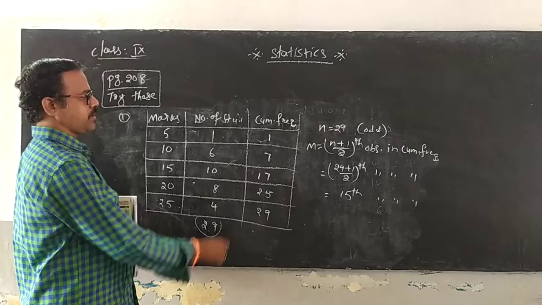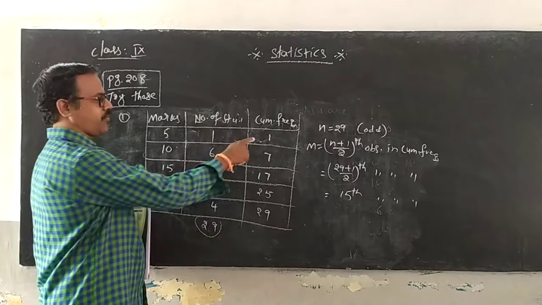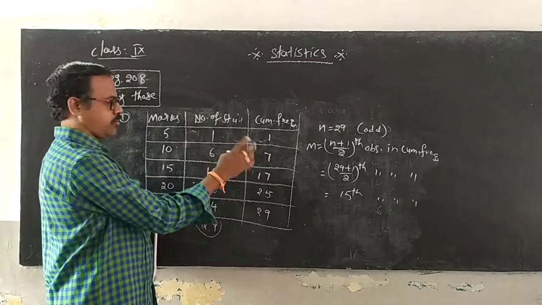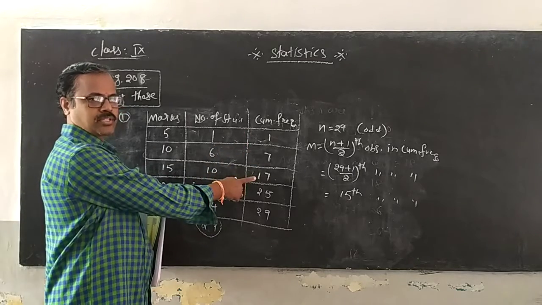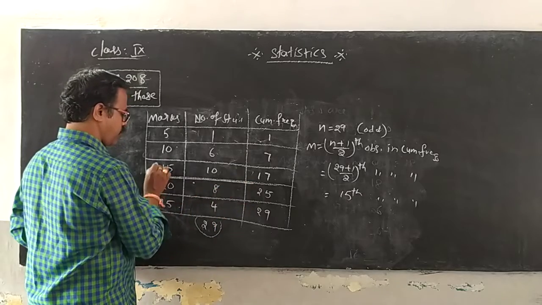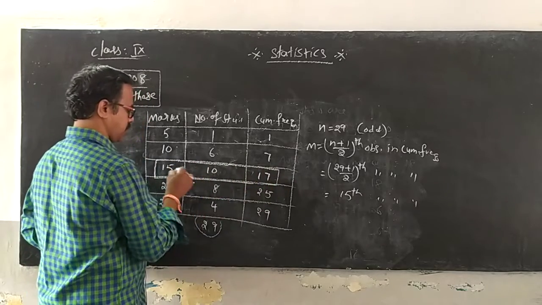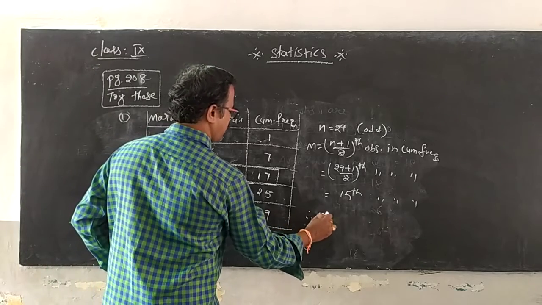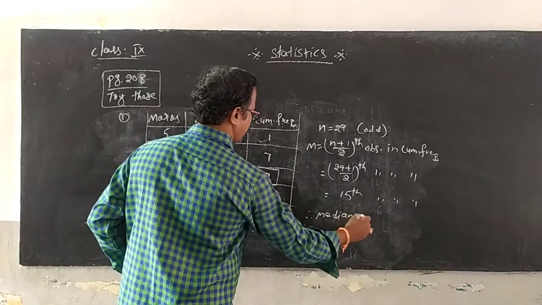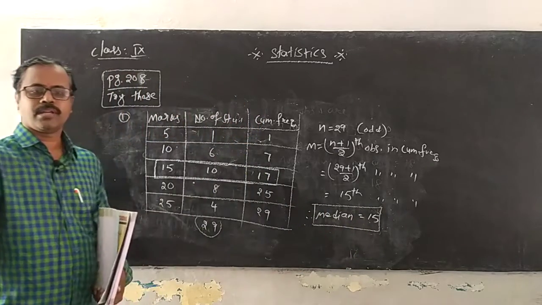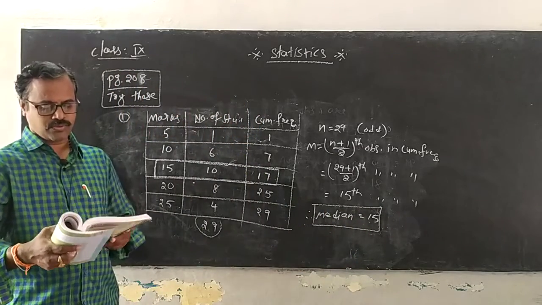Where can you see the 15th observation? Here you have only one student, number 15, no. Here you have 7 students, number 15, no. Here you have 17 students, number 15, yes, it will be here. So the first place where you observe the 15th observation, that observation is your median. Therefore, median is equal to 15.